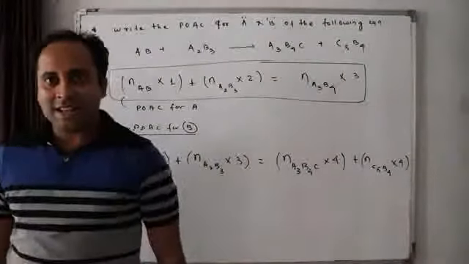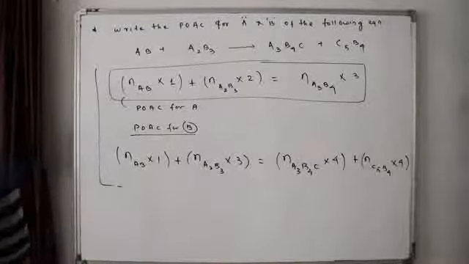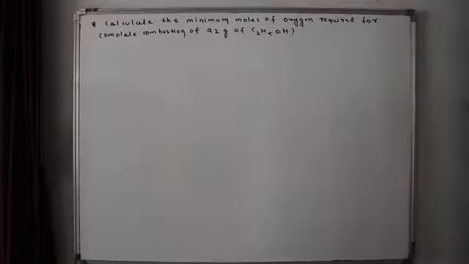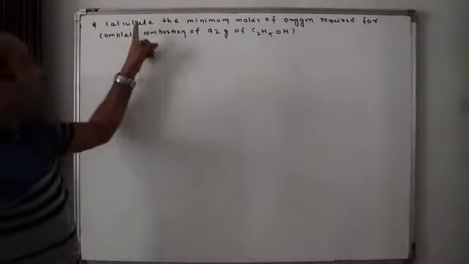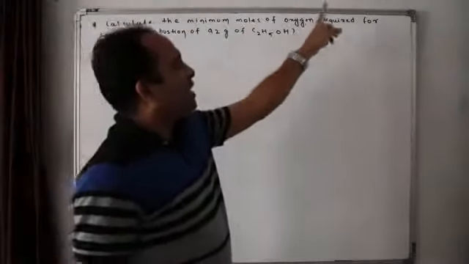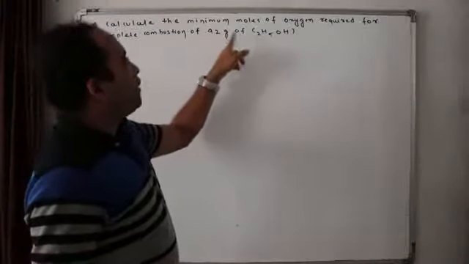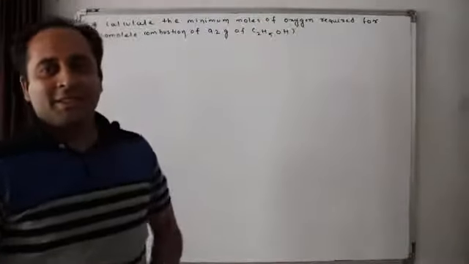आखिरी क्वेश्चन आज के लिए लिखें. नाउ रीड दिस क्वेश्चन. Calculate the minimum moles of oxygen required for the complete combustion of 92 grams of C2H5OH.